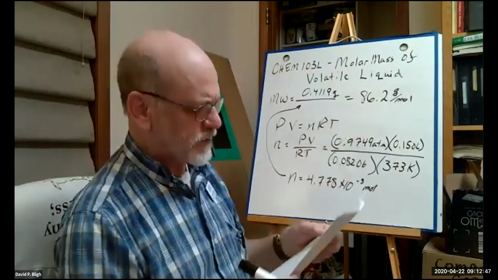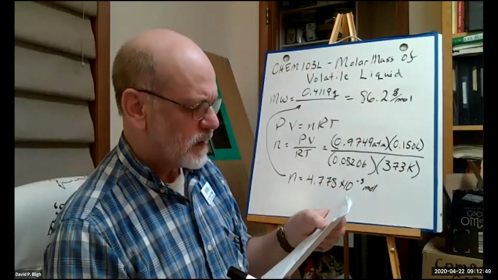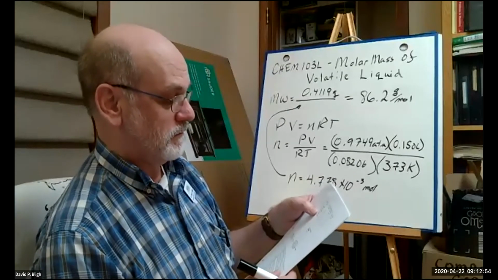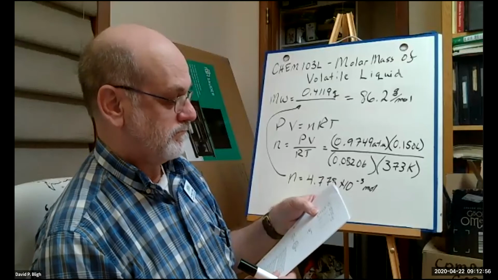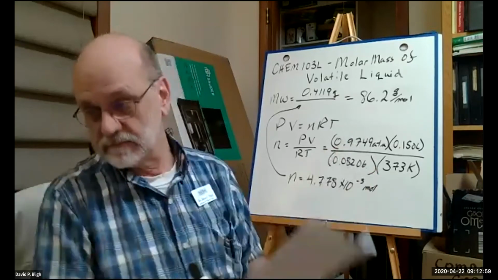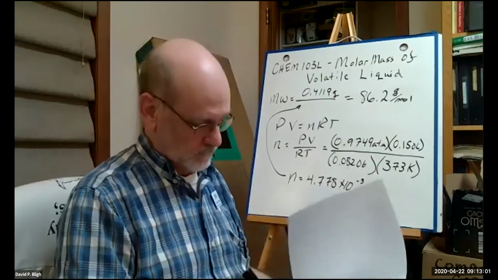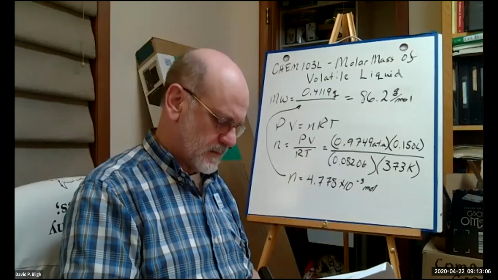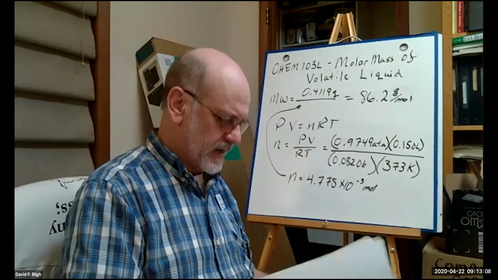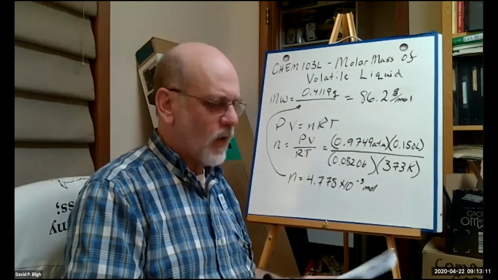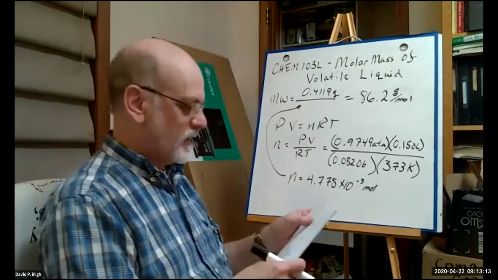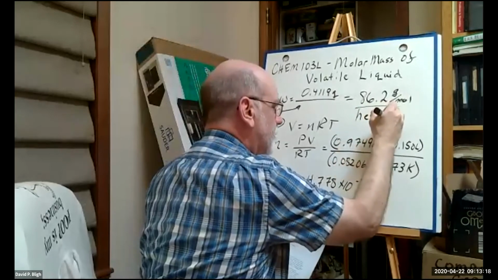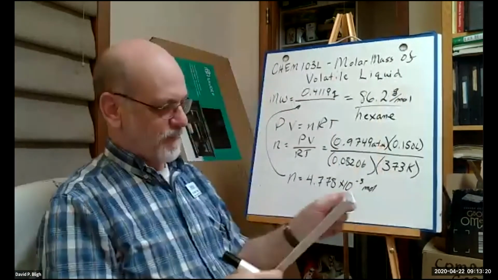So 86.2 is not on here. So what could it be? Well, let's see what they say it is. They say it's hexane. Oh, I was looking at the wrong column. Yeah, 86.2 is hexane. All right.